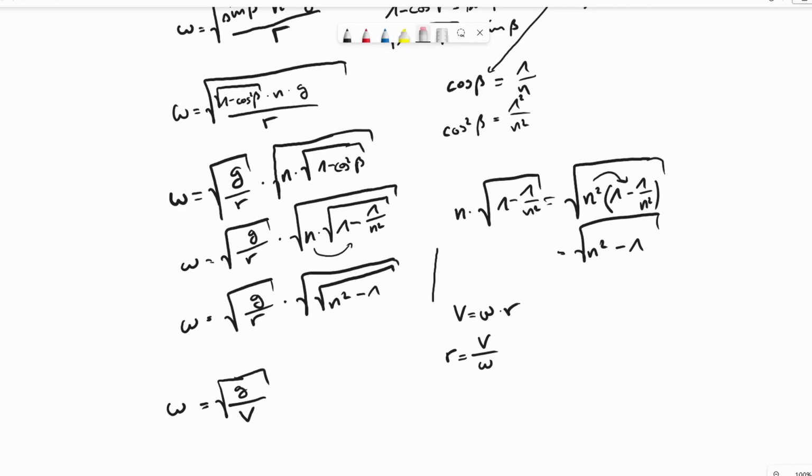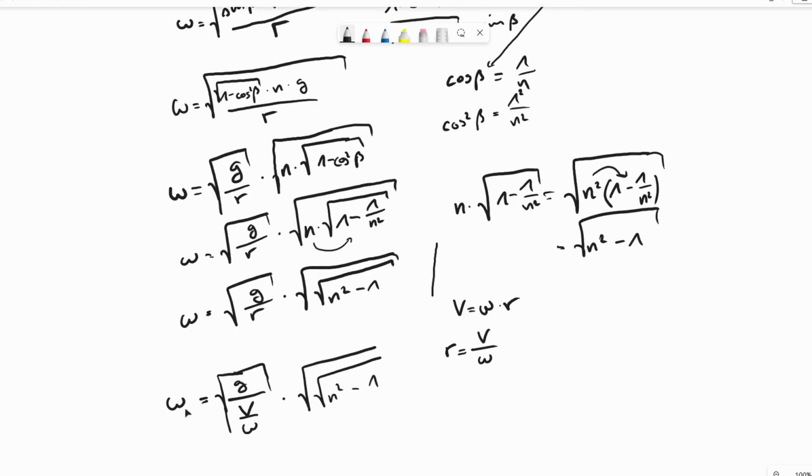Okay. Or I can write it out like this, divided by omega, still everything in the square root, times n squared minus 1. Okay, now this goes up.